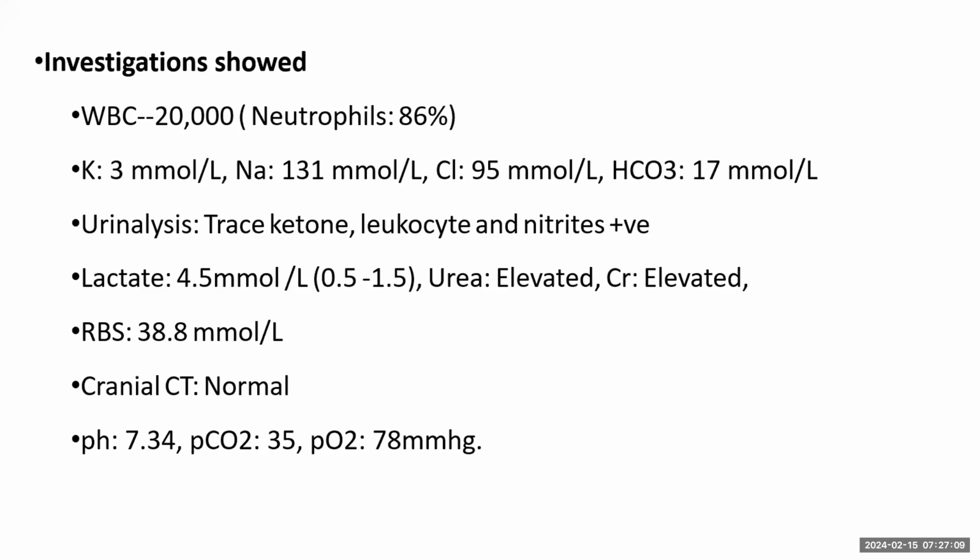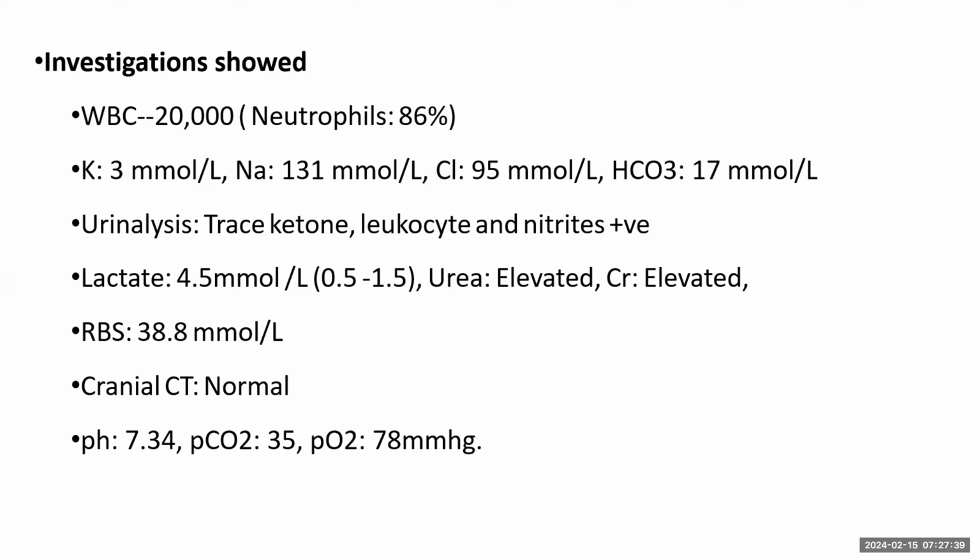Now the question goes further and says the investigation shows a WBC of 20,000 with neutrophils of about 86%. Potassium was 3 millimoles per liter. It was obviously reduced; there's hypokalemia. Then sodium was 131 millimoles per liter. Chloride was 95. Bicarbonate was 17. And I had a trace of ketones and leukocytes with nitrites of 1+ on urinalysis.